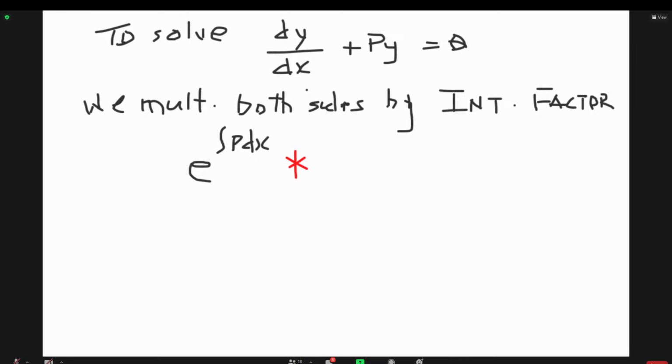Okay, so we're going to do a number of examples. Example 1. After example 1, I'll generalize this whole thing for you and you'll see how easy it is. All right, so it says solve dy dx minus y equal to x.